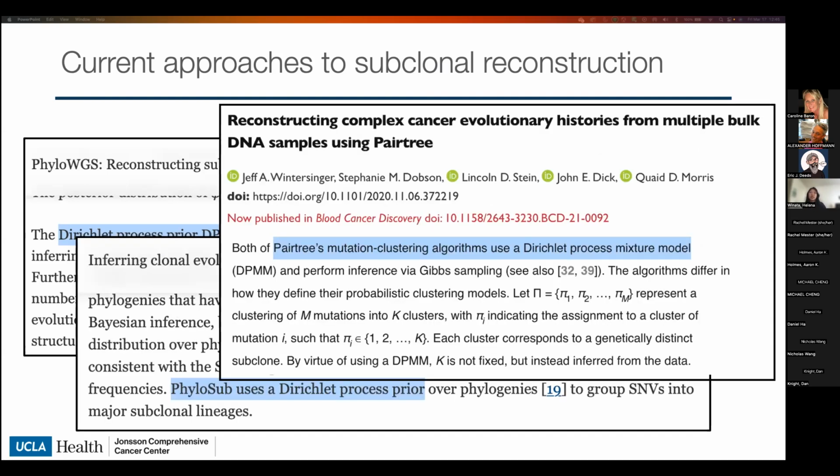And so basically, these algorithms use Markov chain Monte Carlo, or MCMC, to sample from the posterior distribution of clone trees. And it searches through the parameter space until it converges to the right solution. And so here, the right solution is the inferred subclones and the mutational profile, as well as their phylogenies.